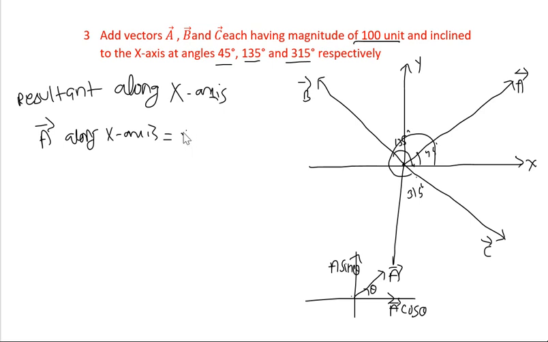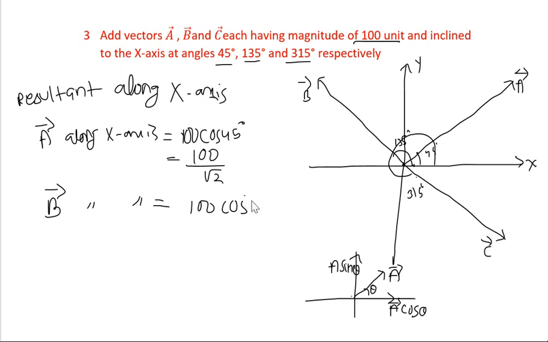Here a is our 100, and cos 45 degree, so it is 100 by root 2. Now the b vector along the x-axis is similarly 100 cos 135 degree.